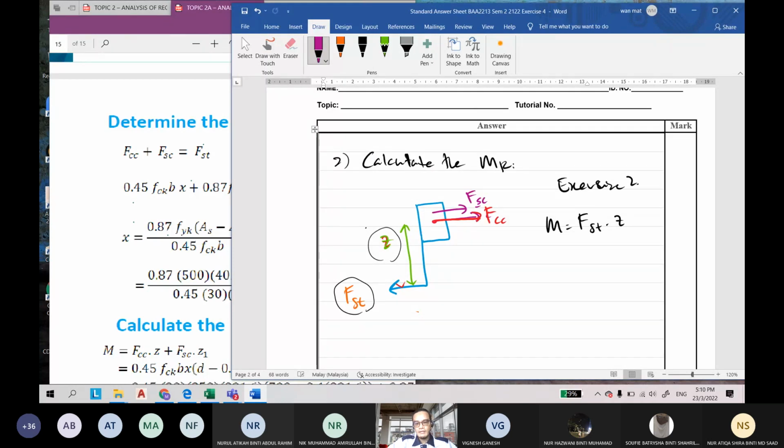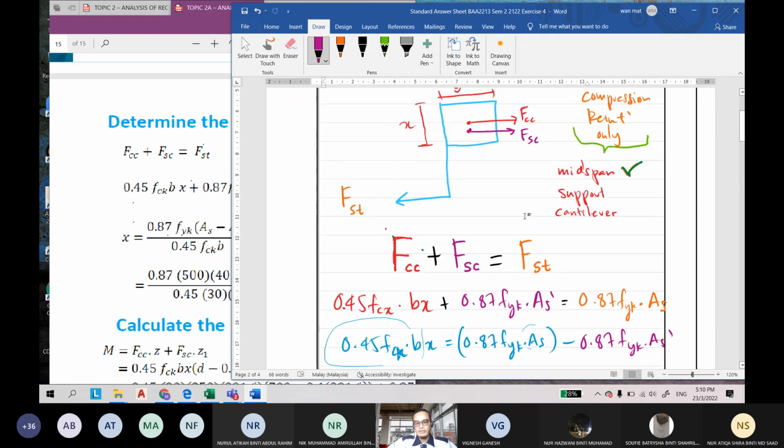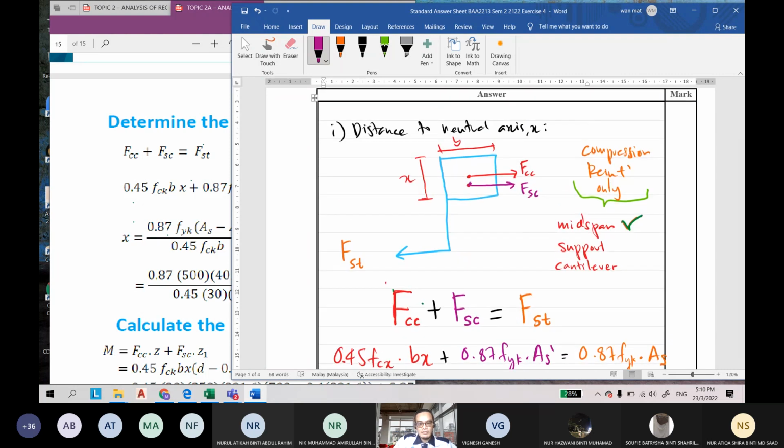Sorry, it should be upper, higher here, somewhere here. This one is the D prime. This one is FSC.